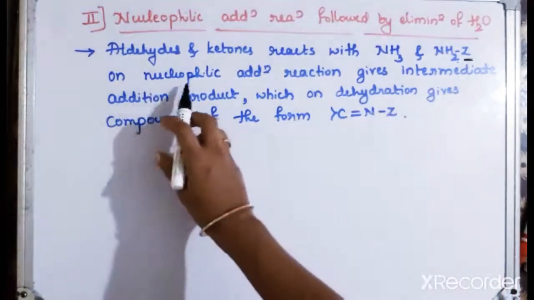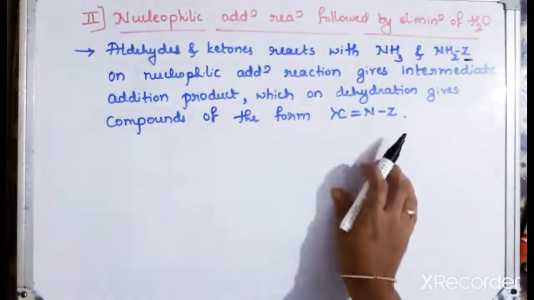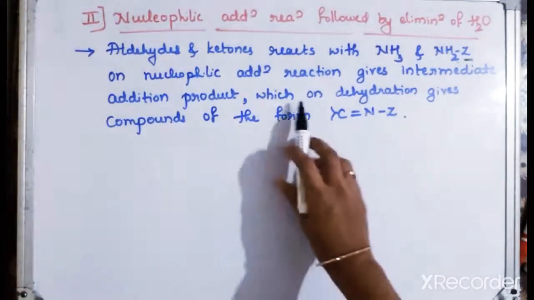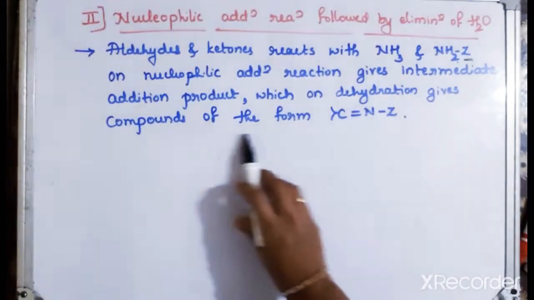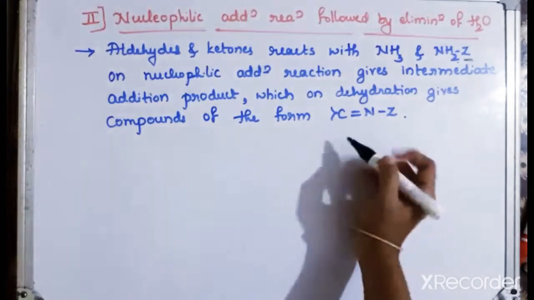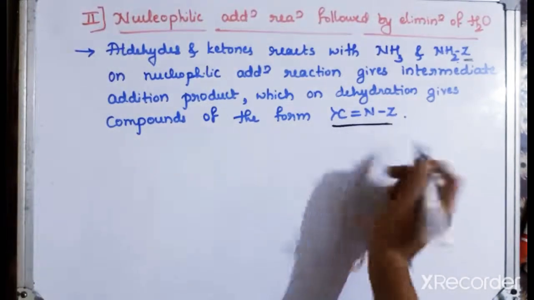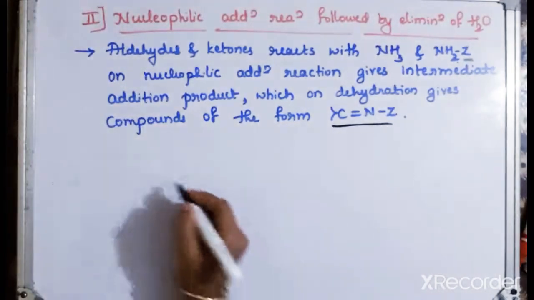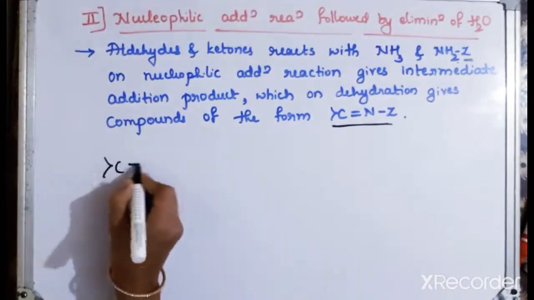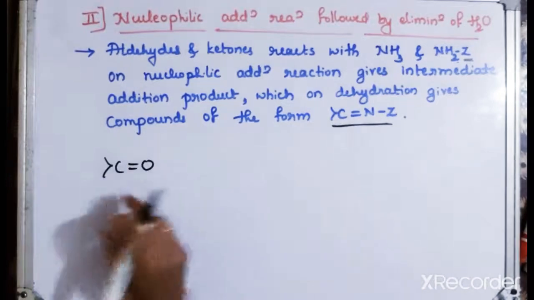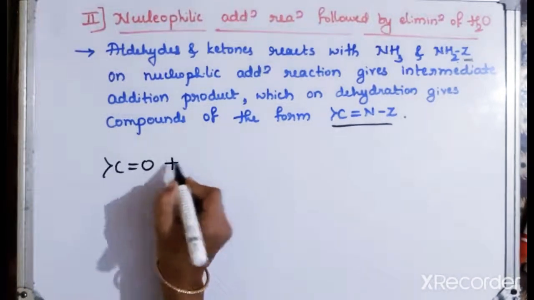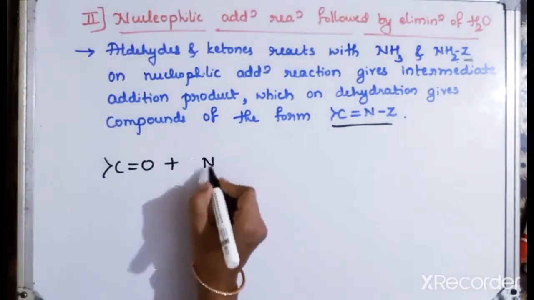It undergoes a nucleophilic addition reaction and gives an intermediate tetrahedral addition product, which on dehydration results in the formation of a compound of this particular formula. For example, consider an aldehyde or a ketone when it is treated with ammonia or its derivative.